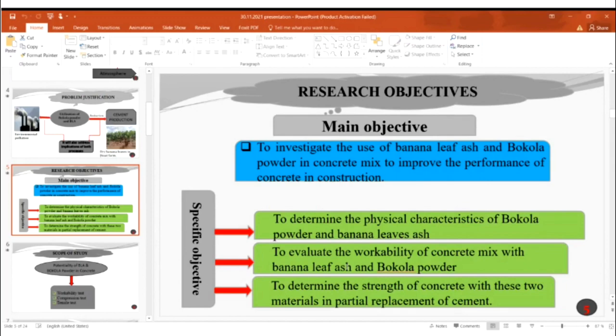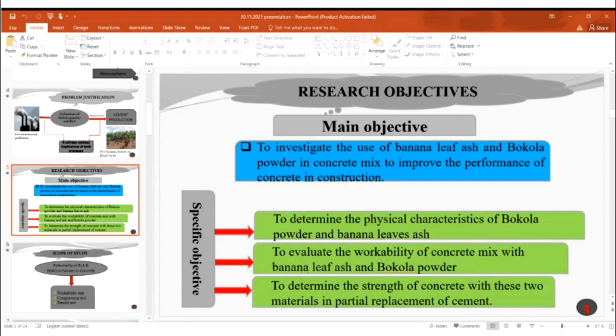The gap I was looking forward to is this: somebody has done work on banana leaf ash, somebody else has done work on Bokora soil, and then you want to use them together. What was the deficit when the materials were used separately, that you believe combining the two would improve? The gap would be the inadequacy or deficit when the materials were used separately.